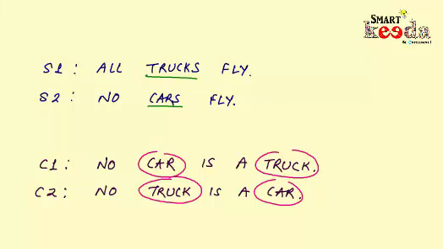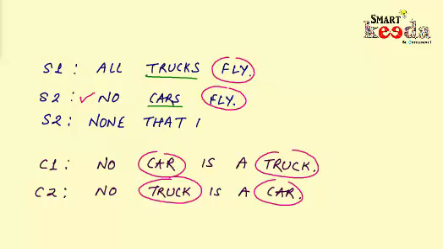Now if we look at the statements, we can see that the middle term is fly, which is distributed once in statement number 2, but the statements are not properly aligned, and to do that we can convert statement number 2 and it can be written as none that flies is a car.